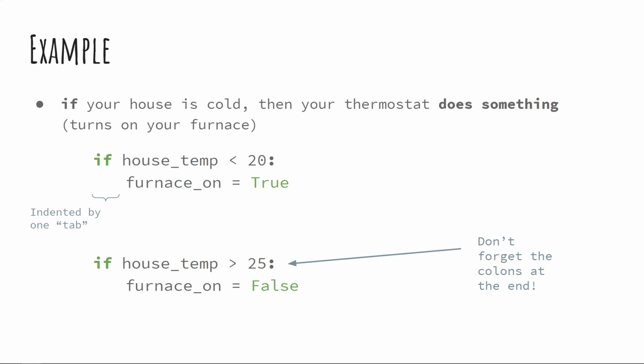Again, pay attention. Note that it's indented by one tab. The platform should pretty much do that for you, but you do need to pay attention to that. The indents are very important. Also note that at the end of every line that we have an if statement, we have this colon, and that tells the program where to stop looking for the condition and where to start looking for the code that it should run if that condition is true.